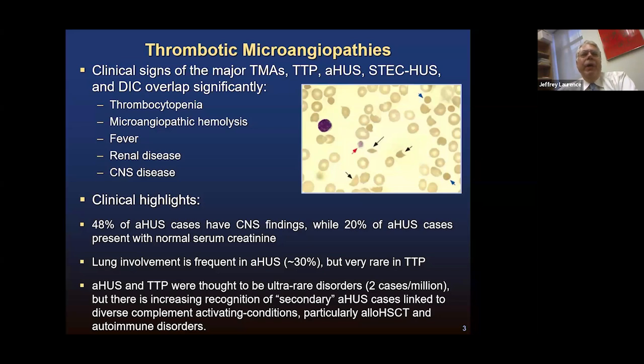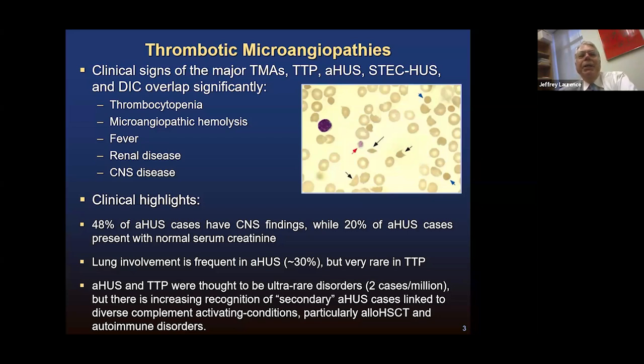And finally, the major point is both thrombotic microangiopathies, if you read a textbook, were considered to be ultra-rare disorders, about 2 cases per million of the general population. But good news for companies that have drugs to treat atypical HUS, this is not really true, at least not for HUS.